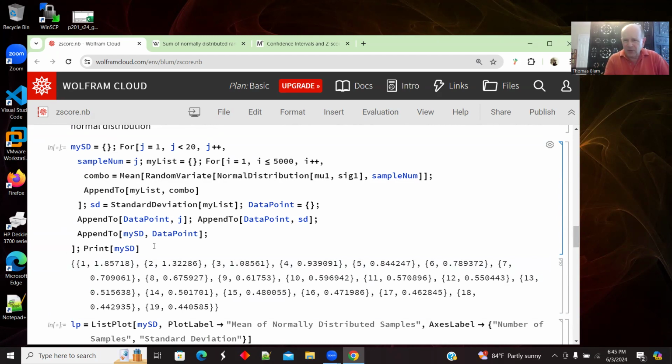And you can see that in the previous example, where we added two normal distributions and got another normal distribution, that was adding them. Now I'm taking the mean, so I'm dividing by n, and then it's the standard deviation. So I'm adding, but then I'm also dividing by n.